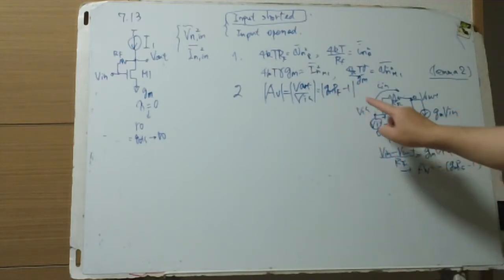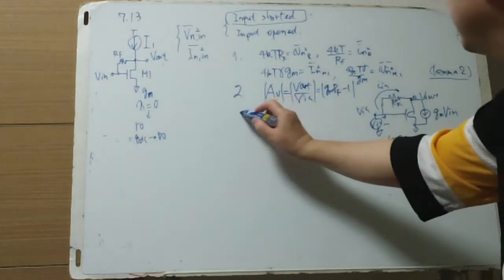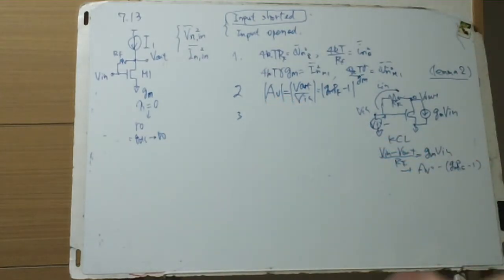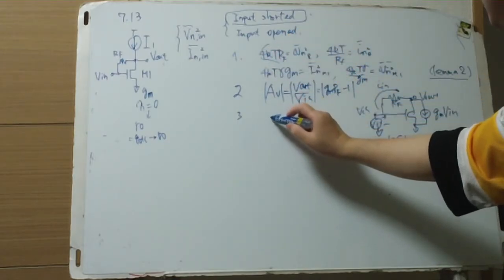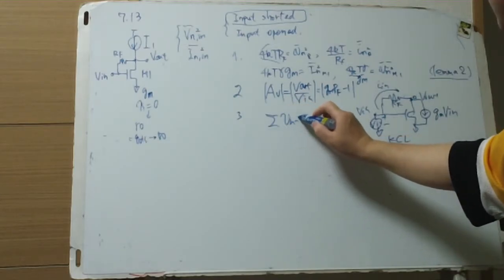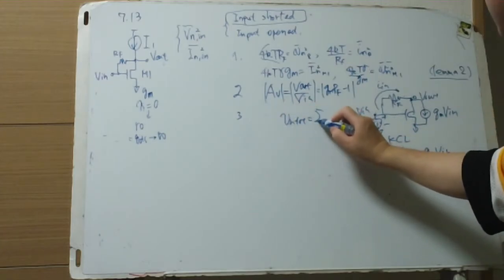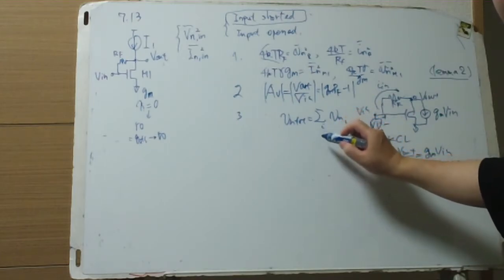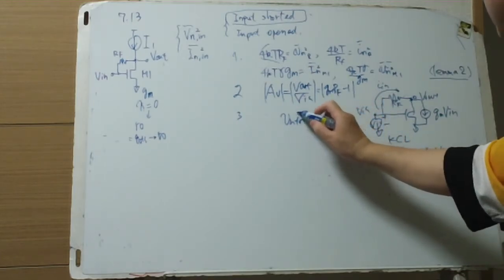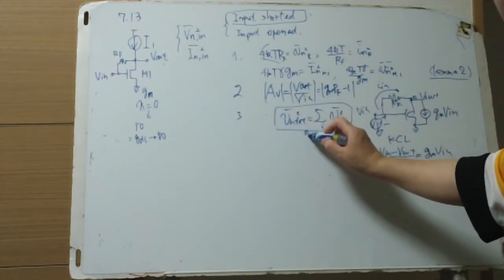We need this value and these values, and we sum up these non-correlated two values to get the total noise, V n total, to get the non-correlated element noise squared bar, or current.